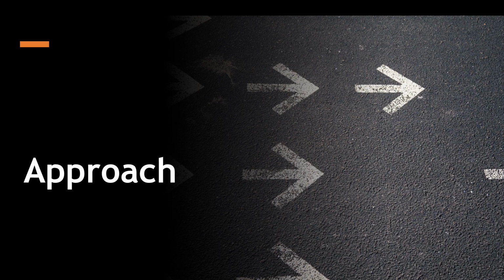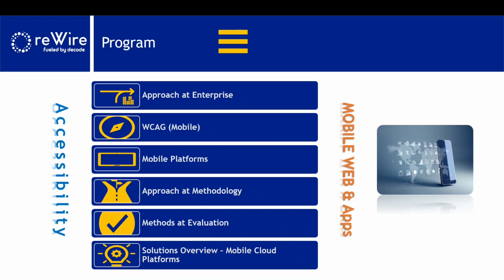What is the approach that I have implemented for this session? This is the quick program on mobile web and apps accessibility. I have started with the approach at the enterprise level. This is just a quick overview.